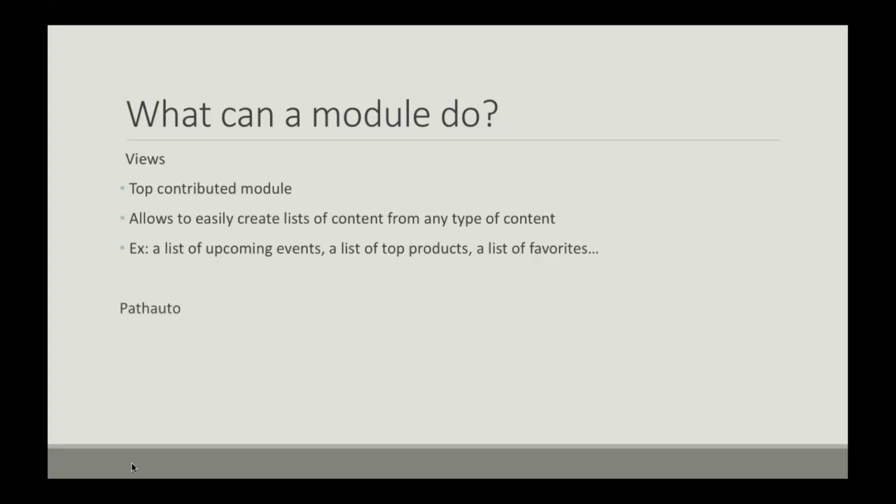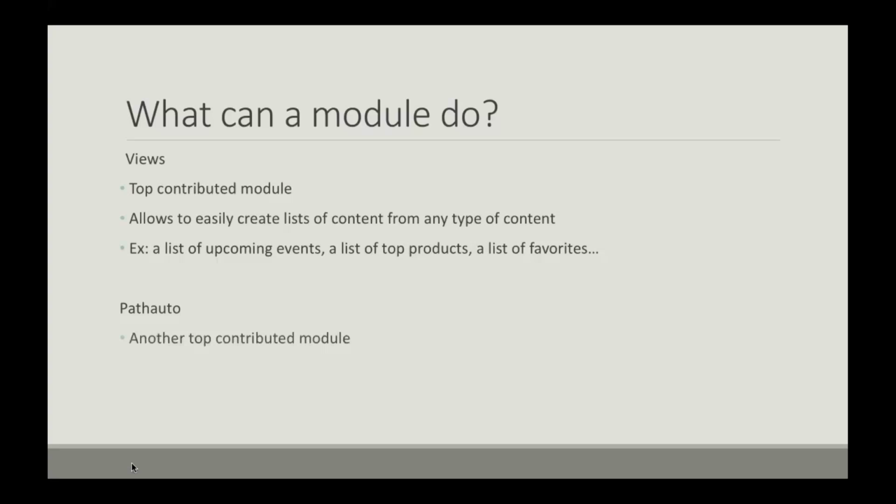Another top contributed module, I think it's third on the list, maybe fourth, is Pathauto. Drupal assigns an ID to every single piece of content that you add to the system. That ID is used for the URL path. So any piece of content that you add to the system you can access by going to yourdomain.com/node/ID number.